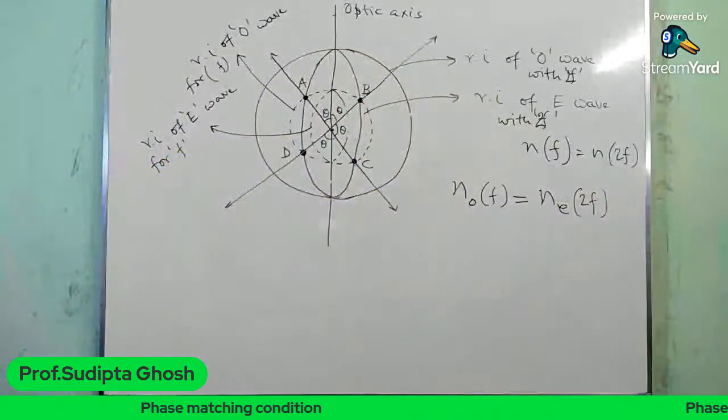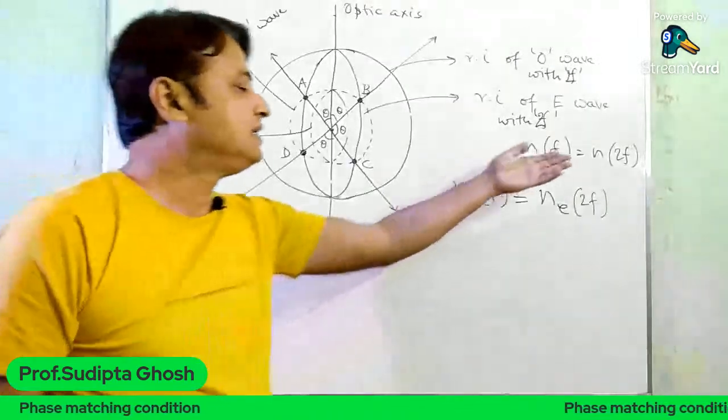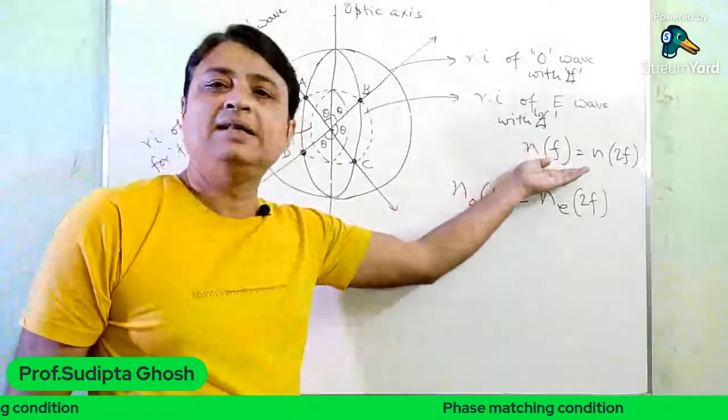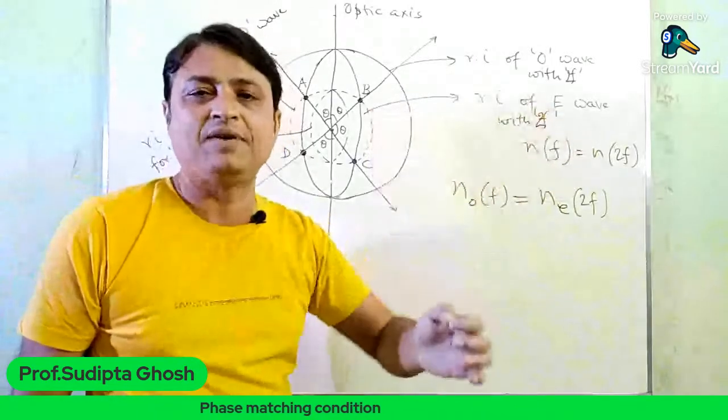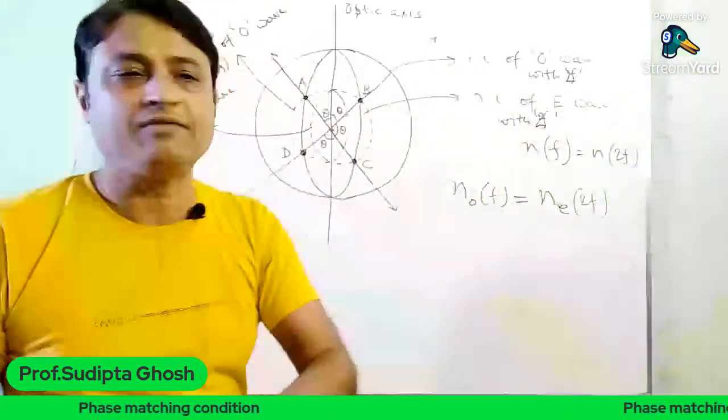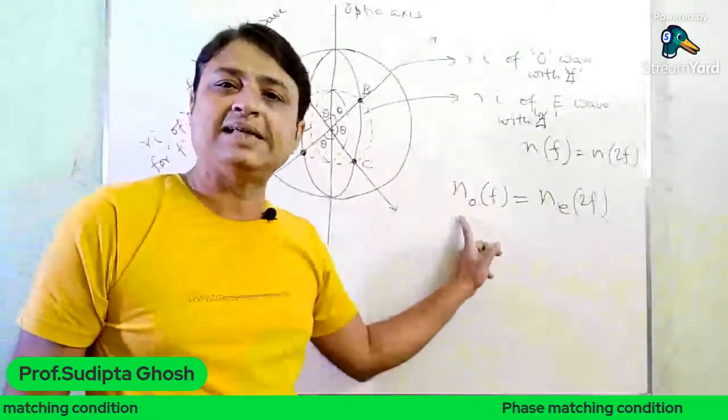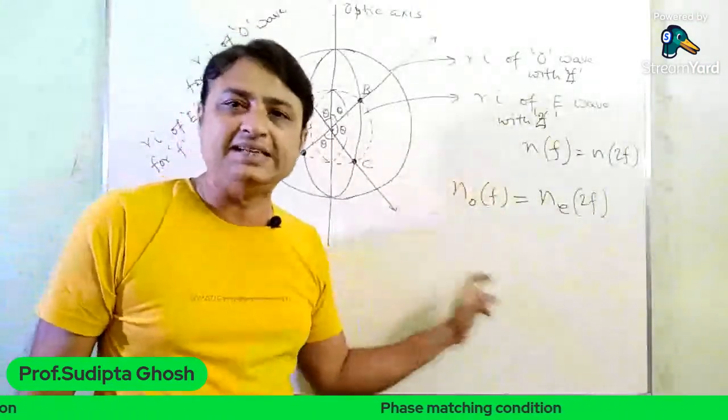So what we discussed before in the phase matching condition, that we must have N_f equal to N_2f, is satisfied here.